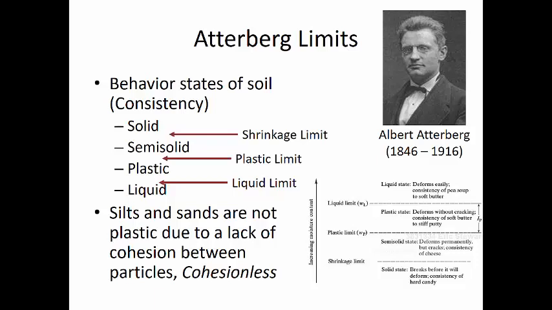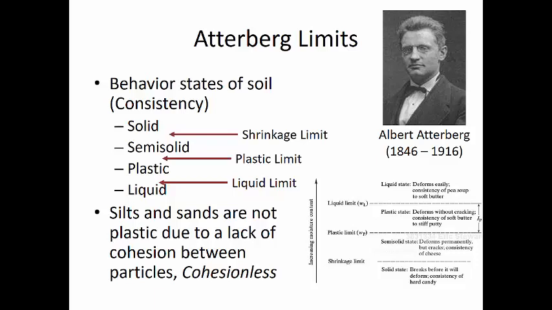So from the chart on the bottom right, you can see that as the moisture content increases, the limits are changing. So we have a shrinkage limit, to a plastic limit, to a liquid limit. And the important idea here is to understand that the plastic limit is the moisture content at which the material stops being pliable and begins to crack and become more of a semi-solid state.